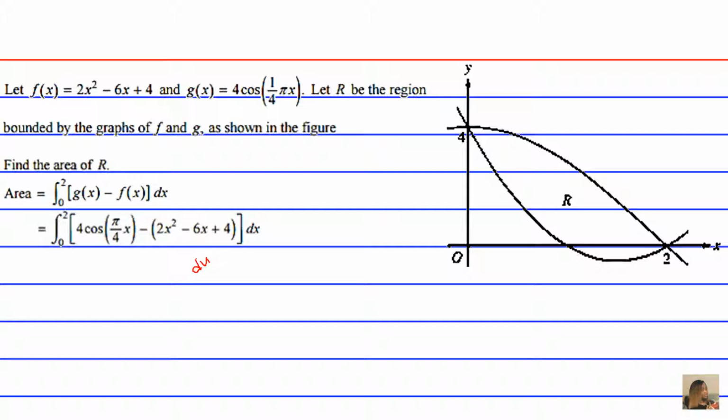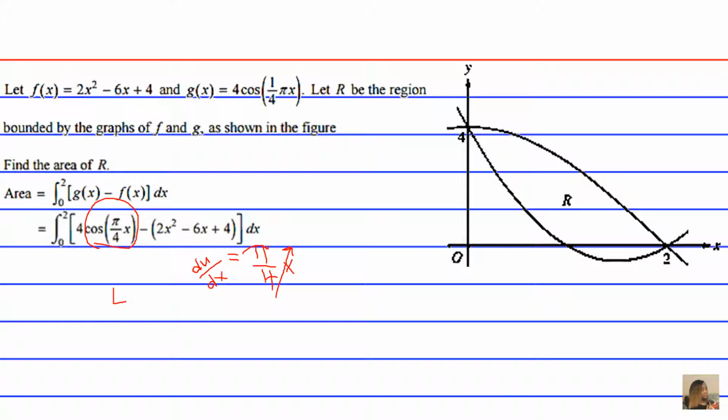Excuse me on the time lag, but our du dx is just going to equal pi over 4, because what we did essentially was differentiate with respect to x, and that gets rid of this x.